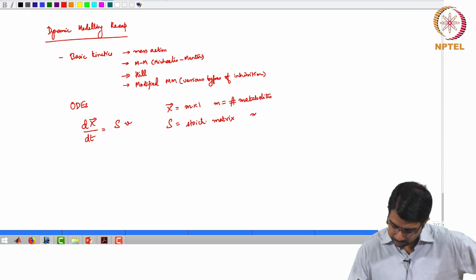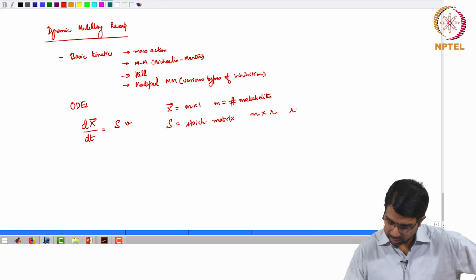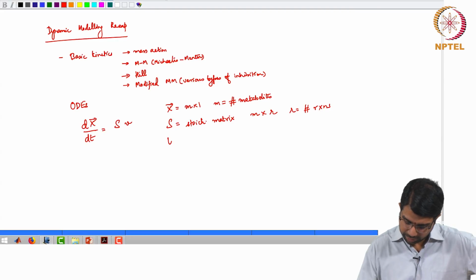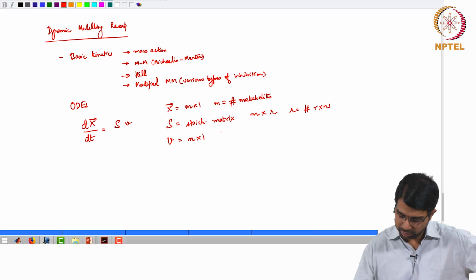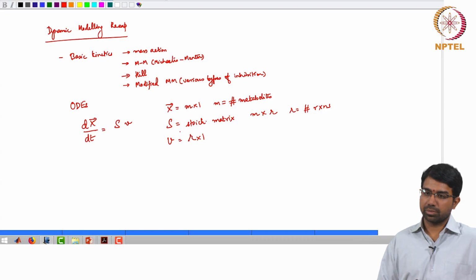So, this is an m cross n, or let us say R matrix, where R equals number of reactions, and V is obviously going to be an n cross 1 vector or R cross 1 vector.